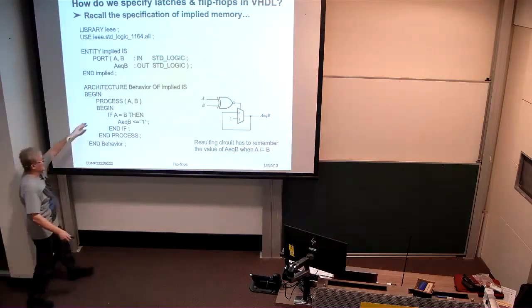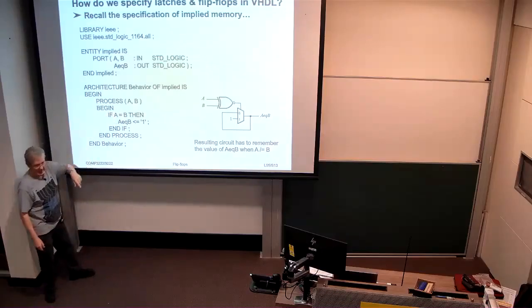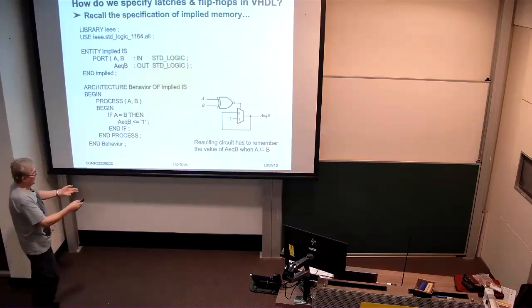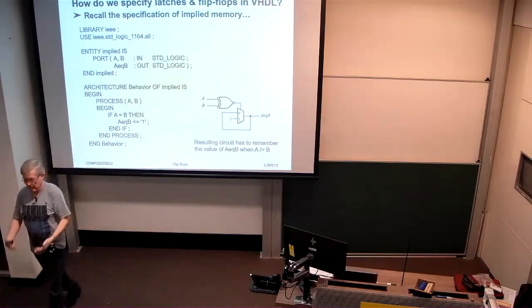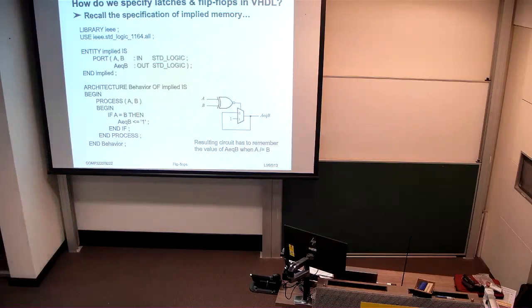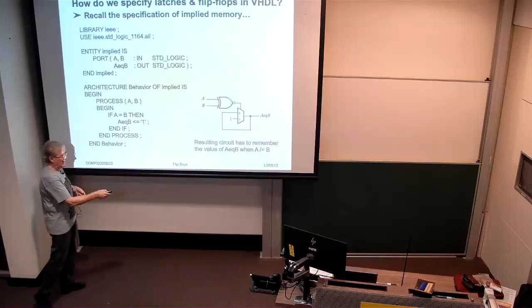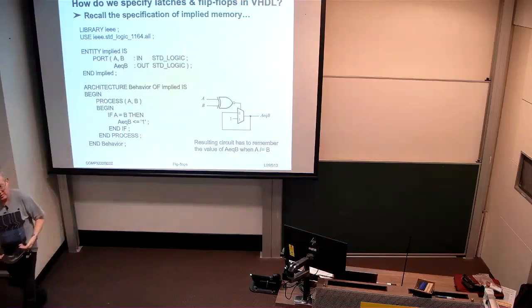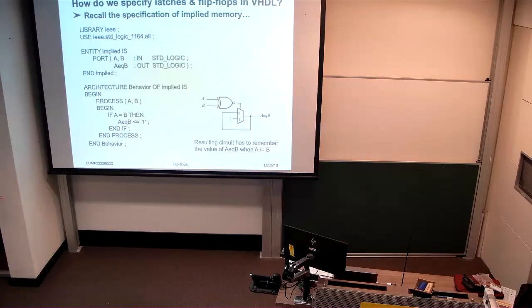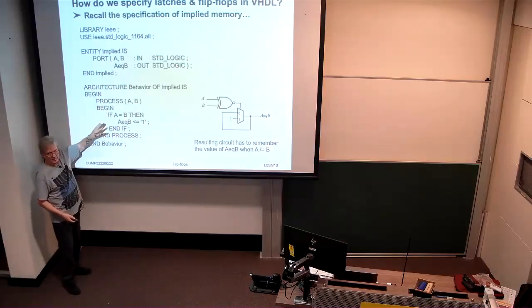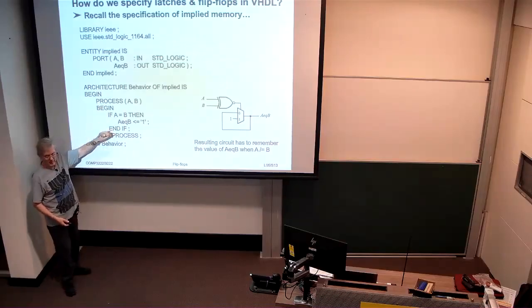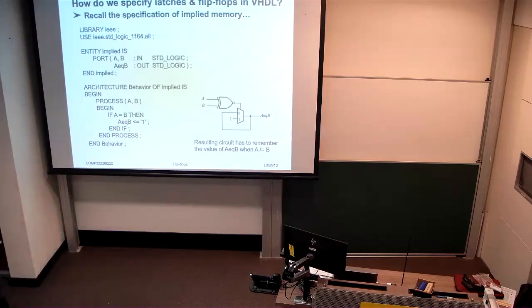But unfortunately, there was no default assignment for when A is not equal to B. Therefore, the circuit is forced to remember the state that it had prior to this process being triggered. And therefore, it has to have some sort of feedback from what currently is the output back to the zero input on the mux. Okay? Not a very good design, and clearly an error. You should always, for a combinational process, allocate a default value to every signal that you're outputting from that process.